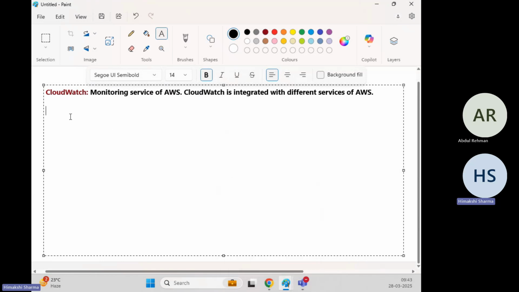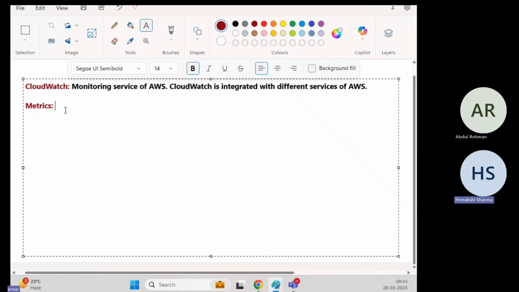Now, in CloudWatch, there are a few terms which we need to know. The first one is metrics. What is metrics? Metrics is something which captures your data, and on the basis of metrics you come to know how your data is being captured.